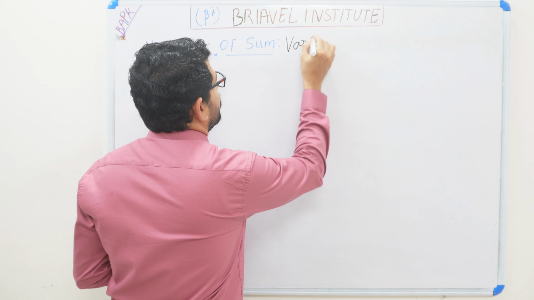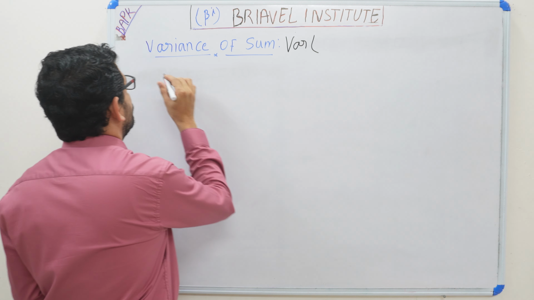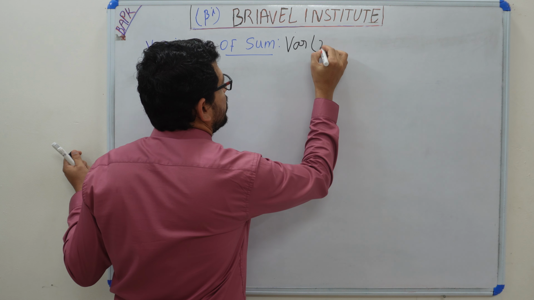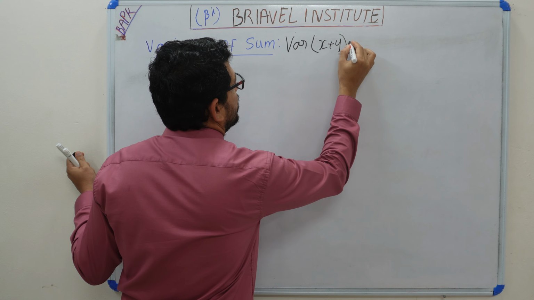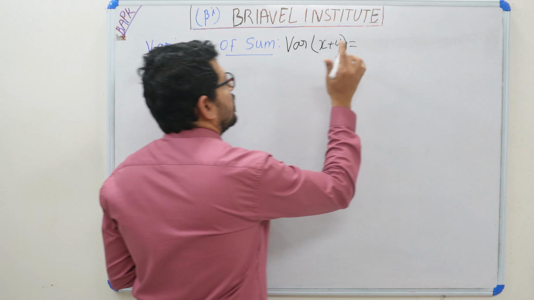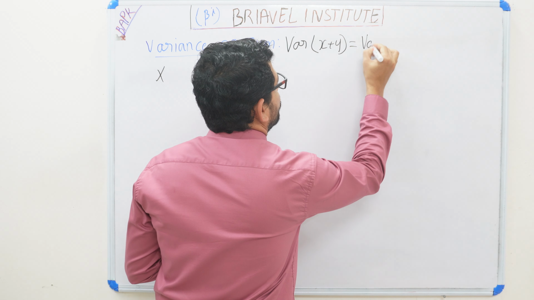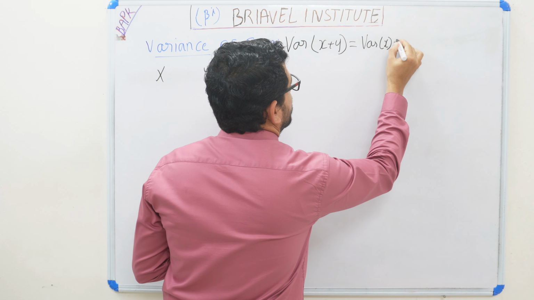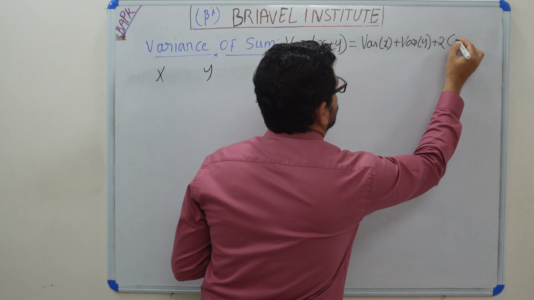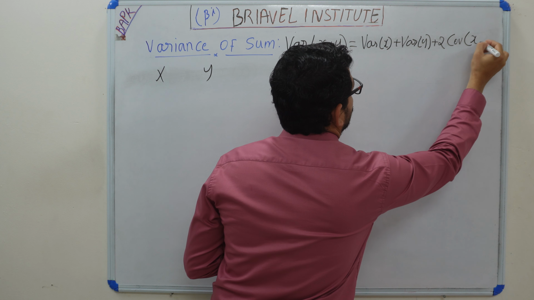Variance of sum. We can write the variance of the sum of x and y. So that is the variance of the sum. The variance of x plus y is the variance of x plus the variance of y plus 2 times the covariance of x comma y.